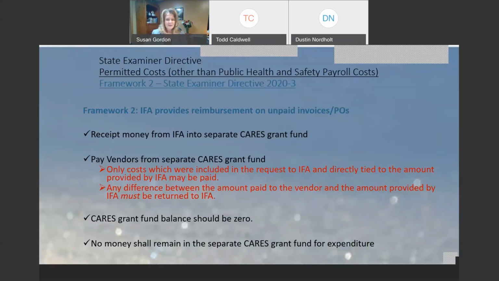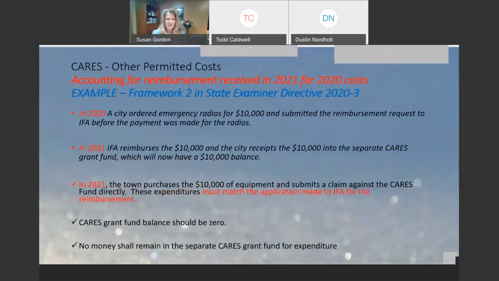So I'll go through an example on that Framework 2. Actually, I think I have 2 examples. In this first example, in 2020, a city ordered emergency radios for $10,000 and submitted the reimbursement request to IFA before the payment was made for the radios. In 2021, IFA reimburses the $10,000 to the city, and the city receipts that into the separate CARES grant fund, which now has a $10,000 balance.